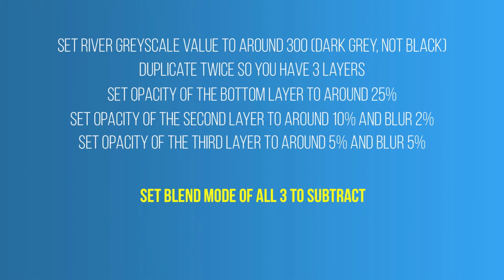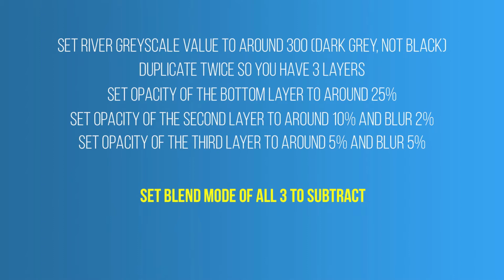Moving on to your rivers and streams, set your river grayscale value to around 300. That's dark gray, not black. Duplicate twice so you have 3 layers. Set the opacity of the bottom layer to around 25%. Set the opacity of the second layer to around 10% and blur around 2%.